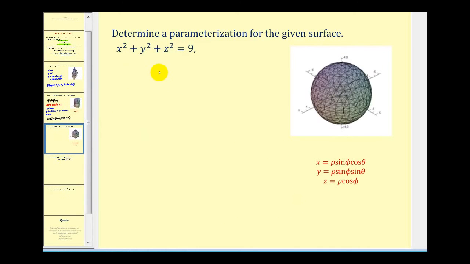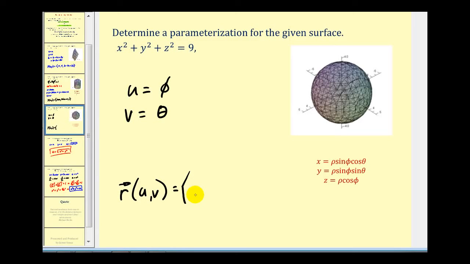Here we have a sphere, x squared plus y squared plus z squared is equal to 9. So we'll use spherical coordinates to parameterize this surface. Since our radius is equal to 3, we know that rho is equal to 3. So we can go straight to the parameterization. We'll just let u equal phi and v equal theta.